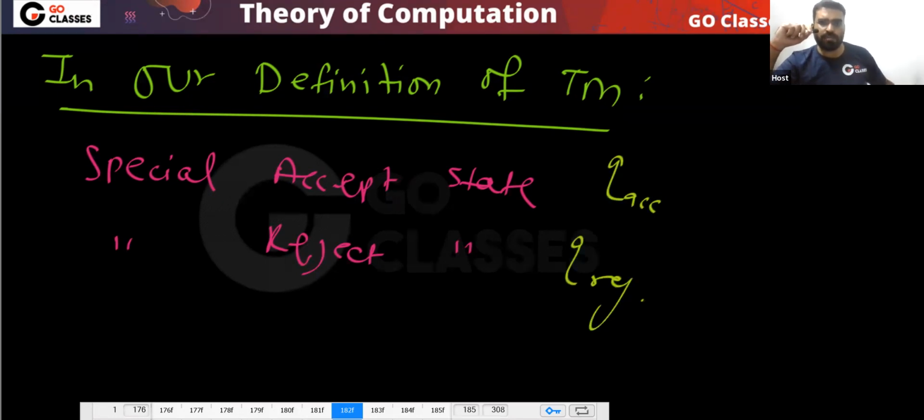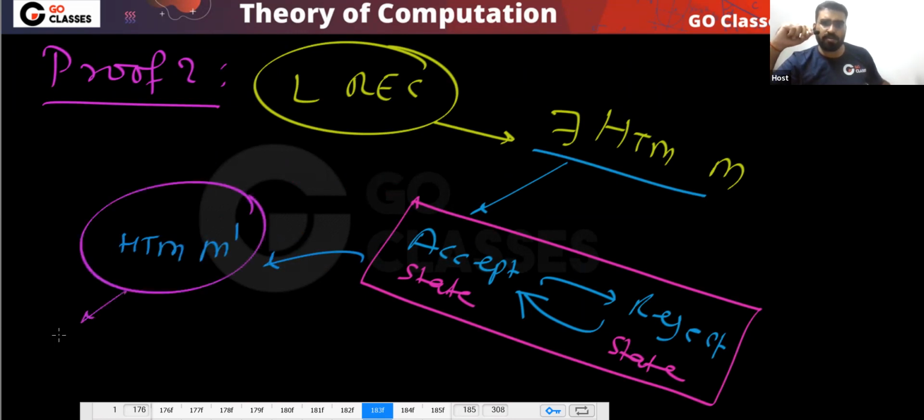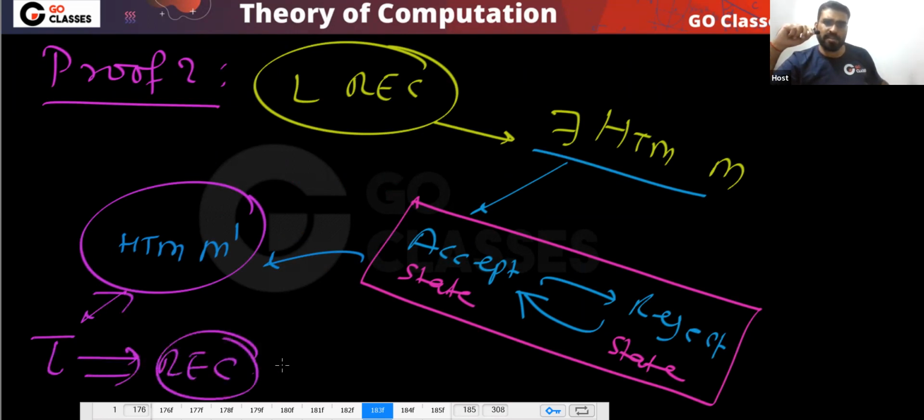So if you do this, then you will get a halting Turing machine M dash whose language will be L complement. So this is recursive. This is your proof number 2.